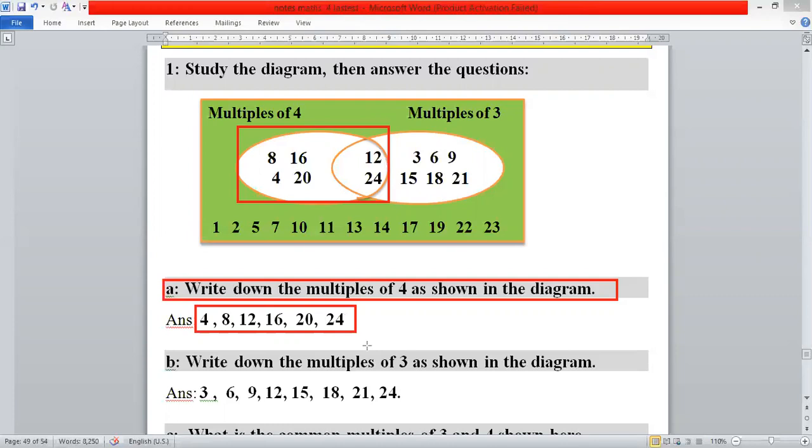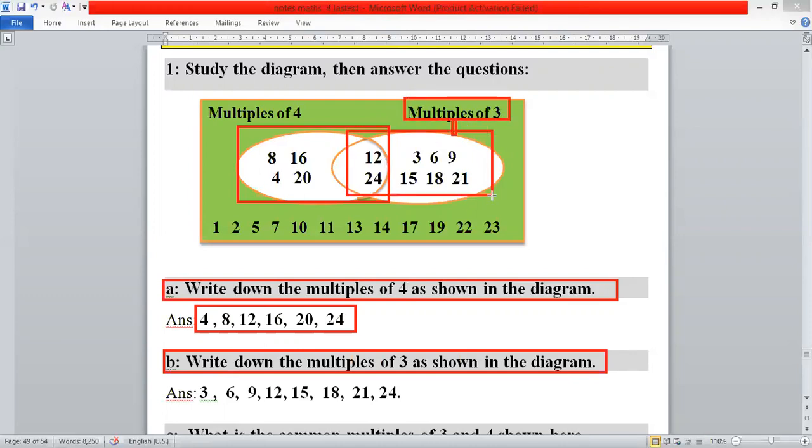These are the given multiples of 4. Part B, write down the multiples of 3 as shown in the figure. These are the multiples of 3: 3, 6, 9, 12, 15, 18, 21, and 24. These are the given multiples of 3 inside circle B.